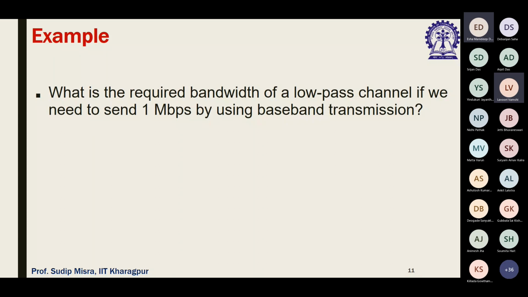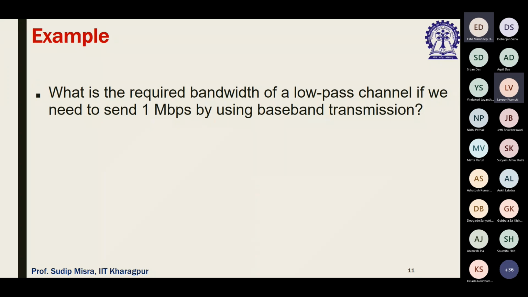The first thing you need to know is that baseband transmission of a digital signal that preserves the shape of the digital signal is possible only if we have a low pass channel with an infinite or very wide bandwidth.